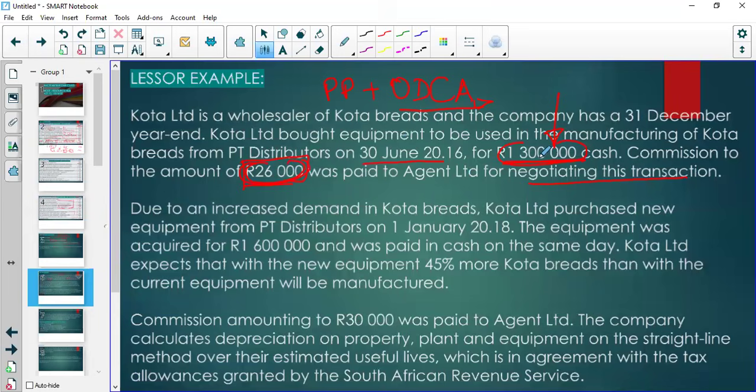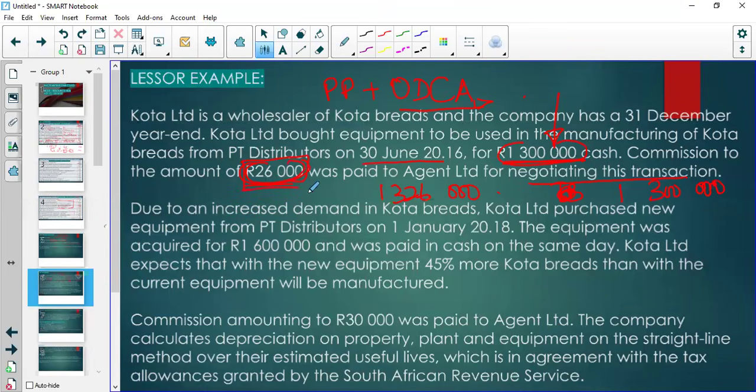So the asset would have a cost of 1,326. And the tax base of this asset, the base cost rather, is 1,300. The base cost is the cost according to SARS, and SARS doesn't capitalize the 26,000.